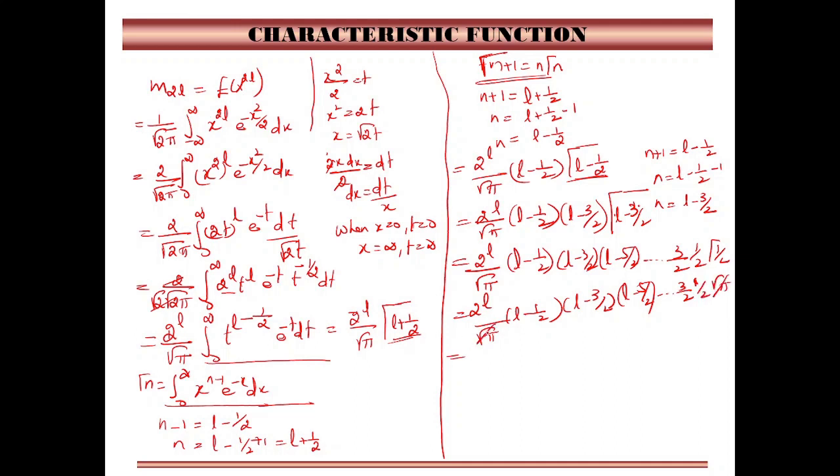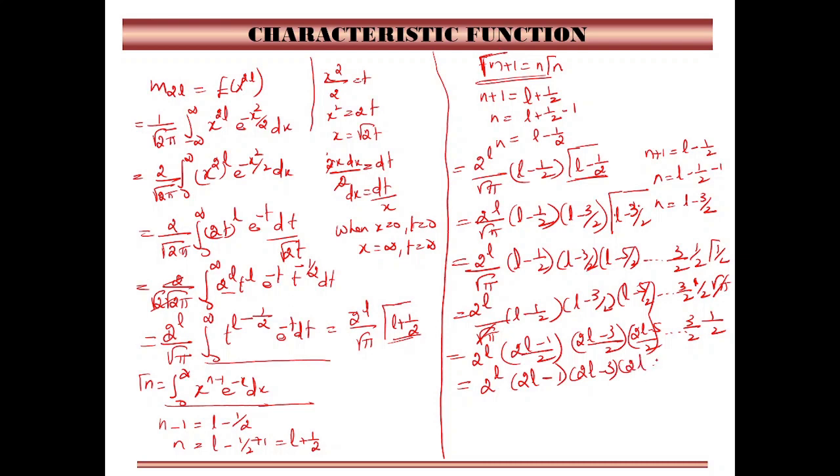So root pi will get cancelled. 2 power l into this can be written as 2l minus 1 by 2, 2l minus 3 by 2, 2l minus 5 by 2, and so on, 3 by 2, 1 by 2. 2 power l, and 2l minus 1, 2l minus 3, 2l minus 5, and so on, 3 into 1, by the denominator, which we can write as 2 power l.